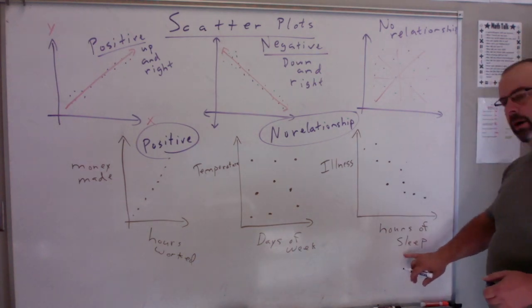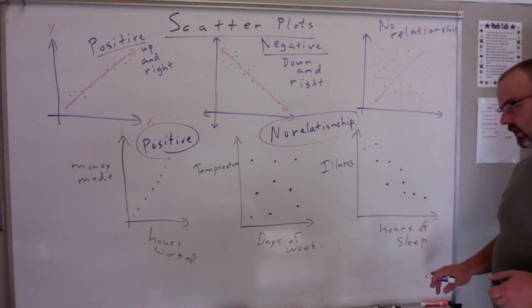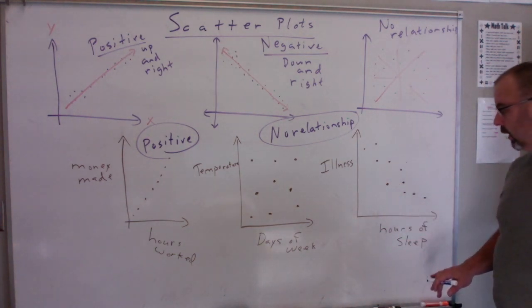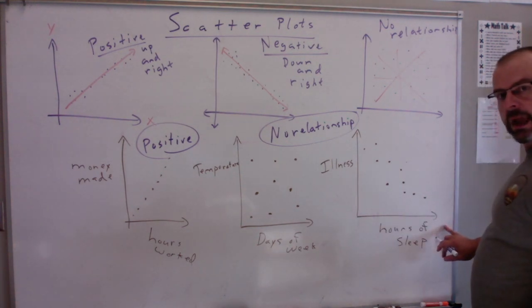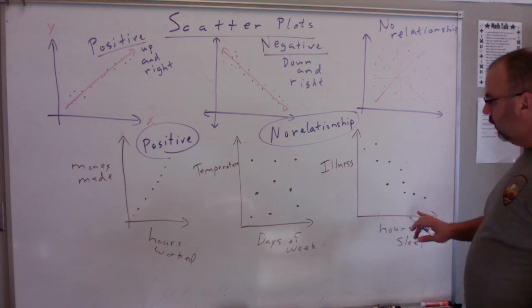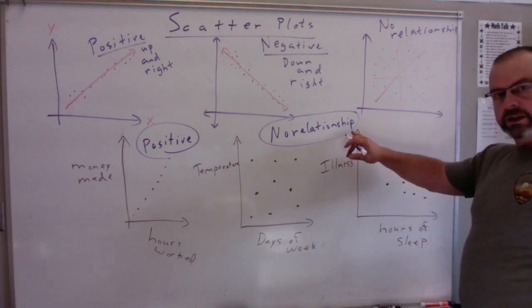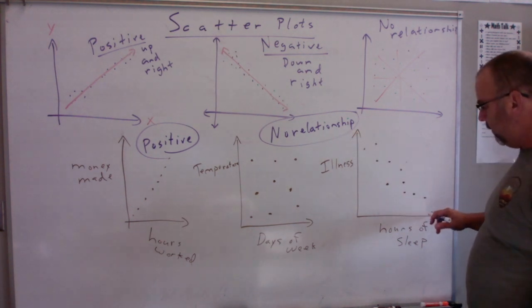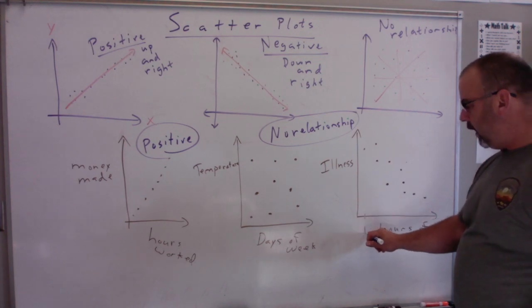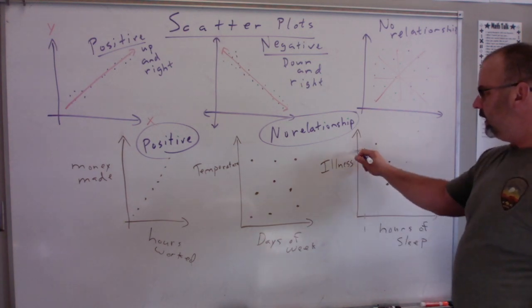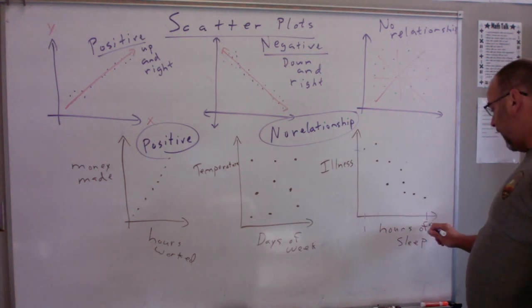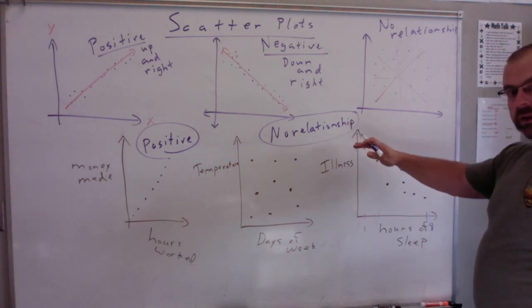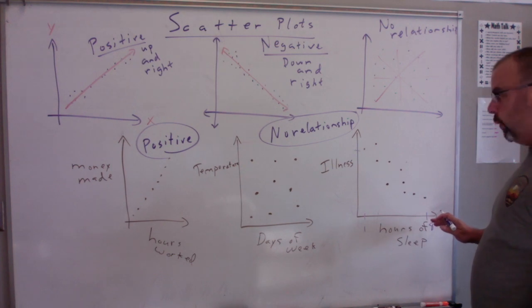So, what about illness and the hours of sleep? The more sleep somebody gets, the illness is doing what? It is going down. So if a person got, let's say, 1 hour of sleep, the likeliness of an illness was pretty high. If somebody got over here, let's say, 8 hours of sleep, the likeliness of an illness went way down.